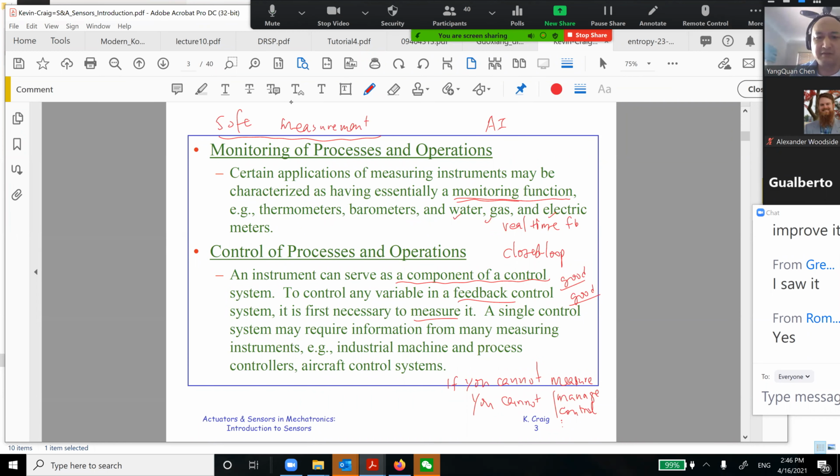For example, aircraft systems, industrial machines, or the oil refinery. When you drive a car, there are lots of controls going on, and also lots of sensors and measurements going on. One of those is your odometer.